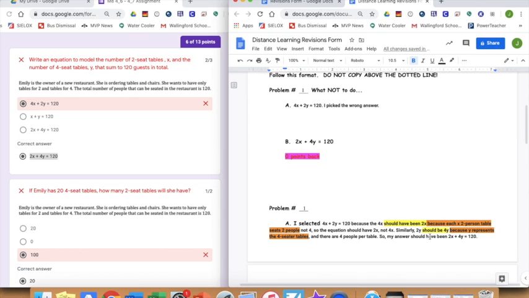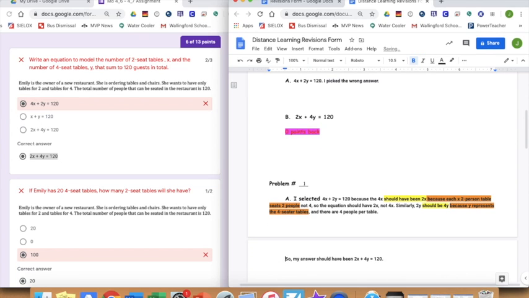And you could even add something before that, like, the 120 was correct because the equation, I can't spell, equation models the number of guests seated in total. You can even say like, well, I did that part right. That was good. Especially those of you who had a short answer, not multiple choice, who had to write the entire equation.